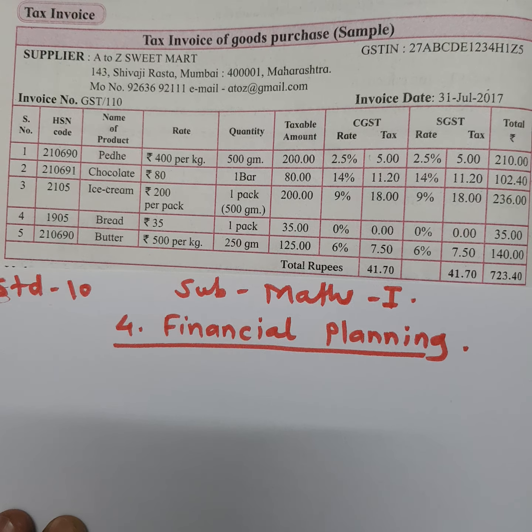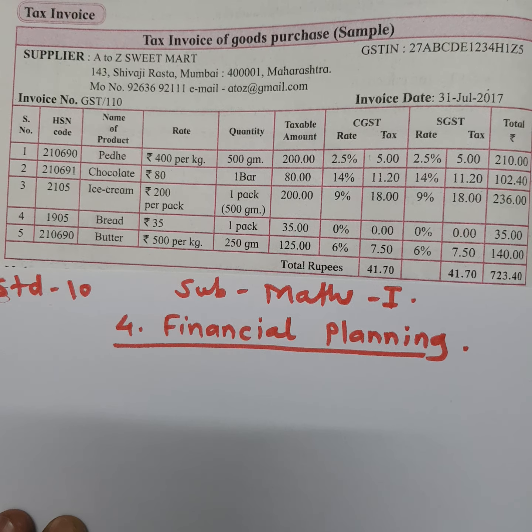Here first there is the name of the supplier and its information. For example, A to Z Sweet Mart, with its address, 143 Shivaji Rasta, Mumbai 400001, Maharashtra. Then there is general information like the mobile number and email address of the firm.